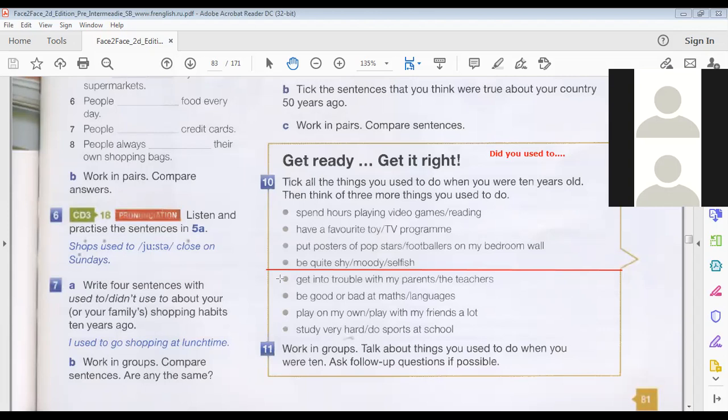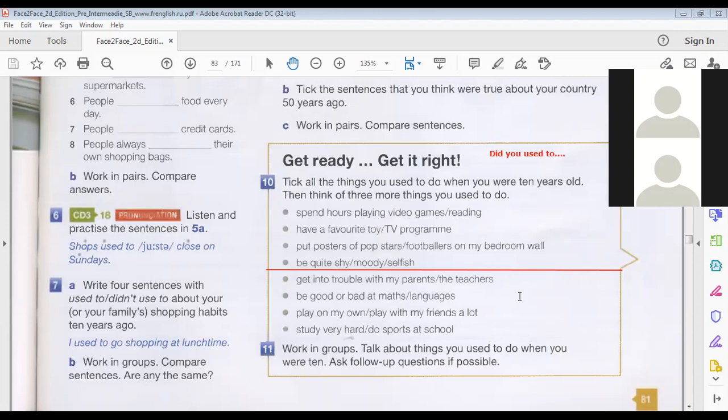Yes. Okay. And the second one, did you used to be good or bad at maths? You have to choose one of them. Okay, so here you have two ways of answering this.